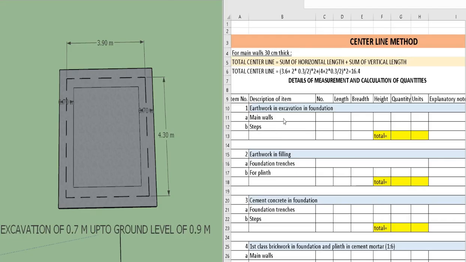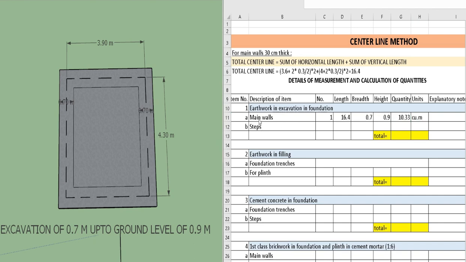So we have the main walls, number 1. We can easily write the length, that is 16.4, and we have the breadth as 0.7, and the height of the excavation up to the ground level, that is 0.9 meter. So we will get the total quantity 10.33, and the unit is cubic meter.